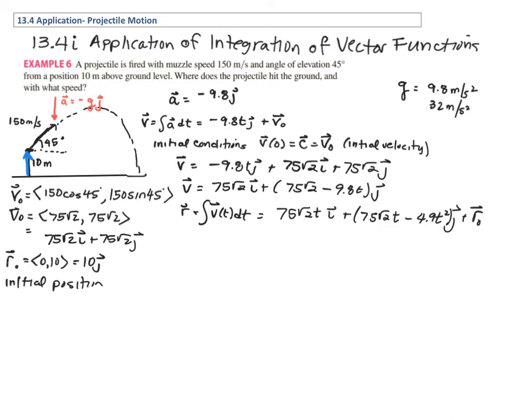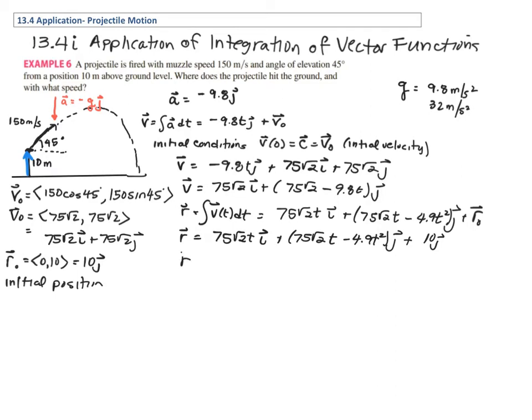And so that means that R is going to be 75 square root of 2 t times i plus 75 square root of 2 t minus 4.9 t squared times j plus that R sub 0, which is 10j.